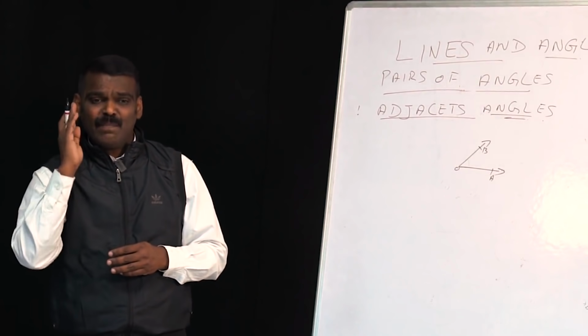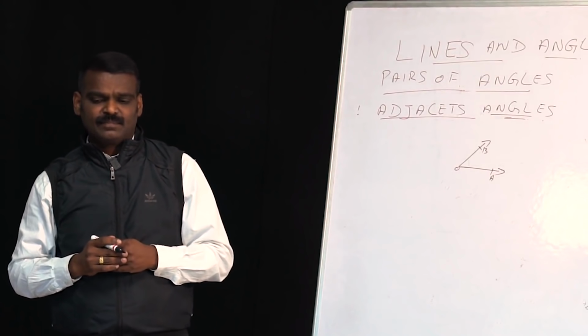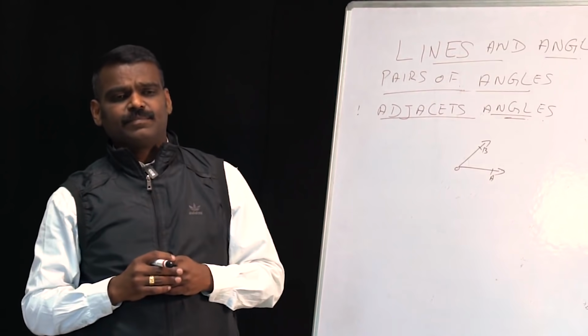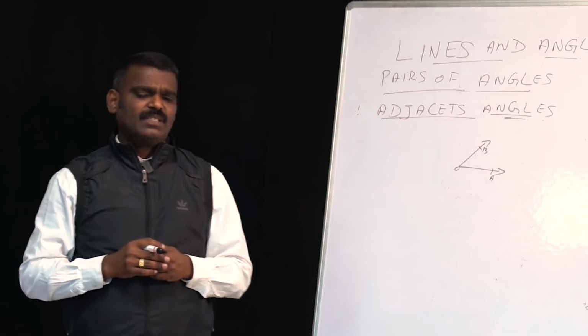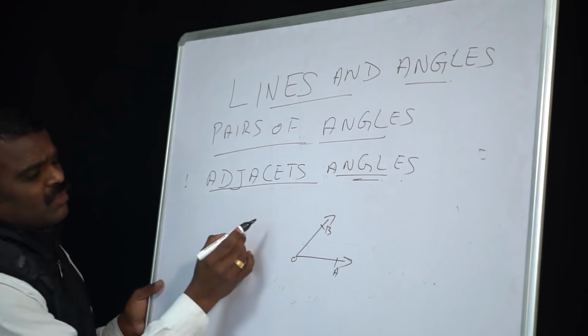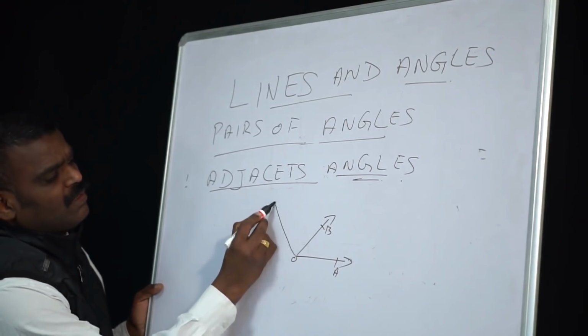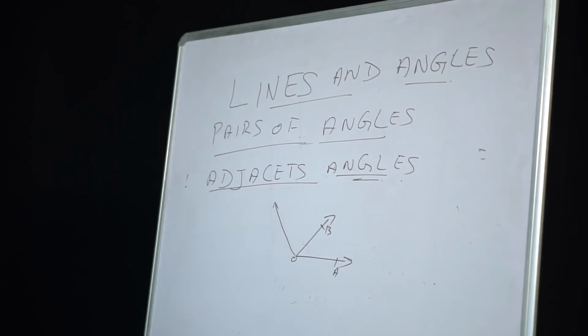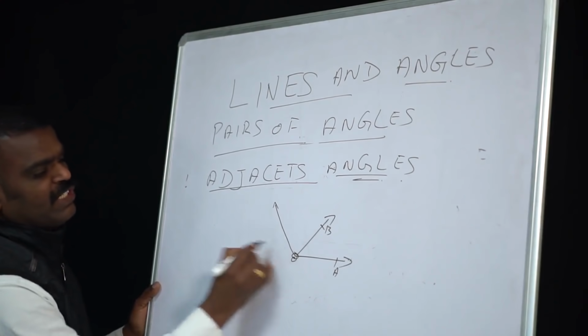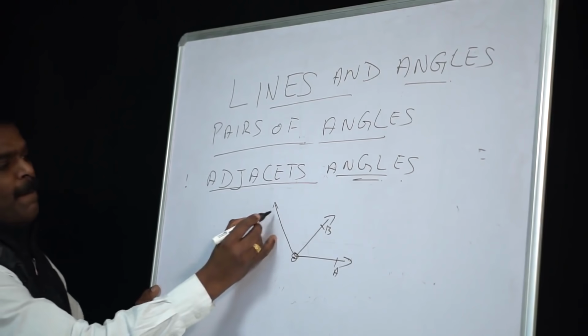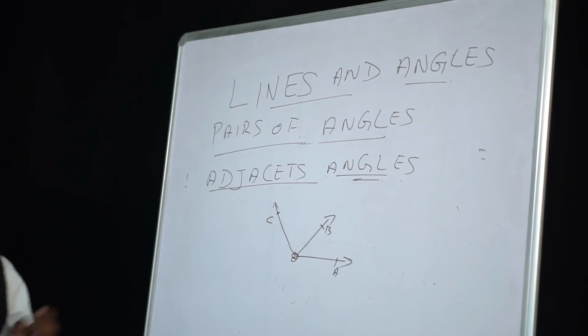If they have a common ray and the starting points of the rays, the angle should be at one particular point. They meet each other. Then they are called what angle? Adjacent angles.